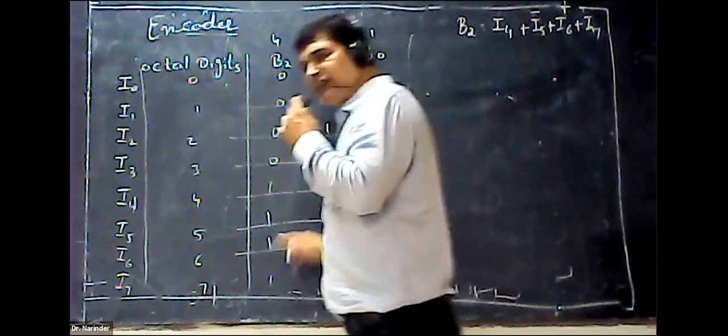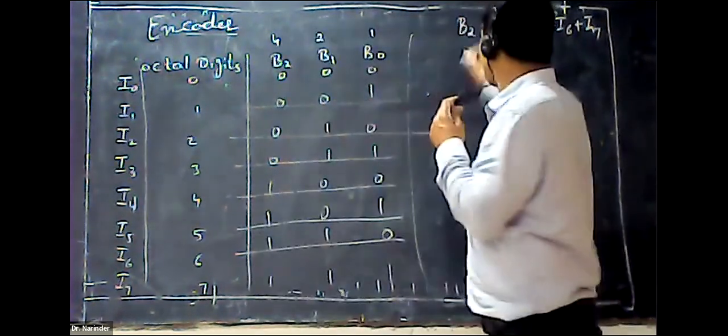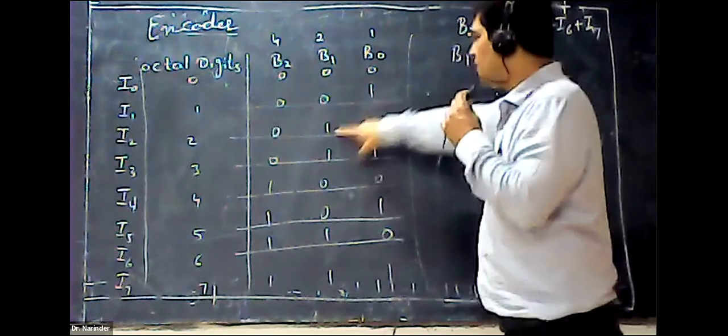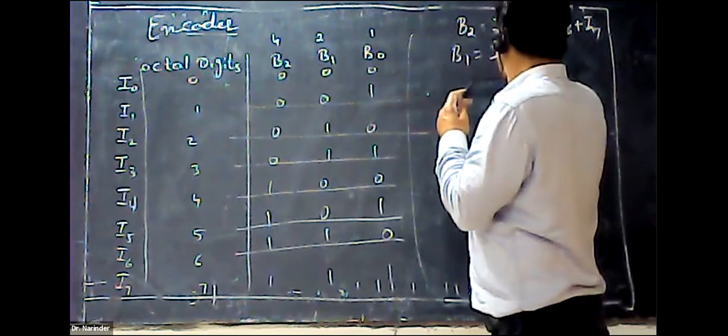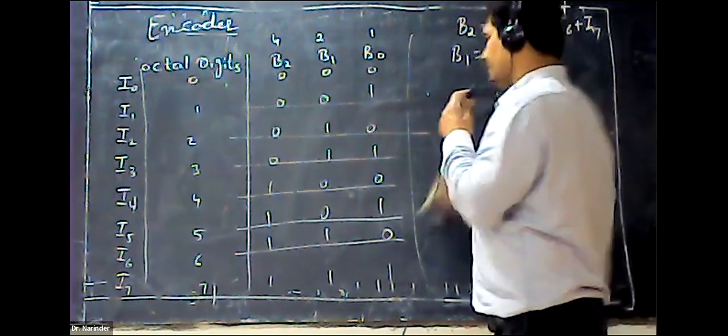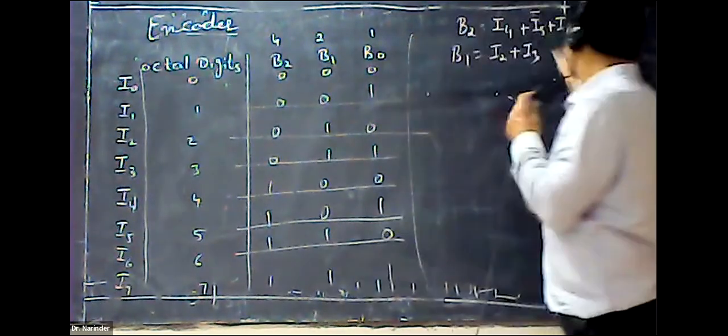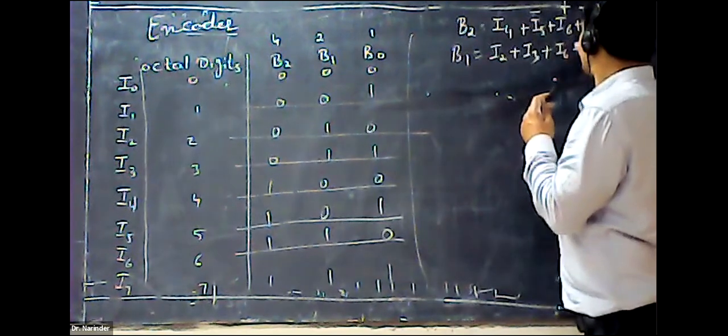As for B1, it is at the second position, so it would be I2 plus I3 plus I6 plus I7.